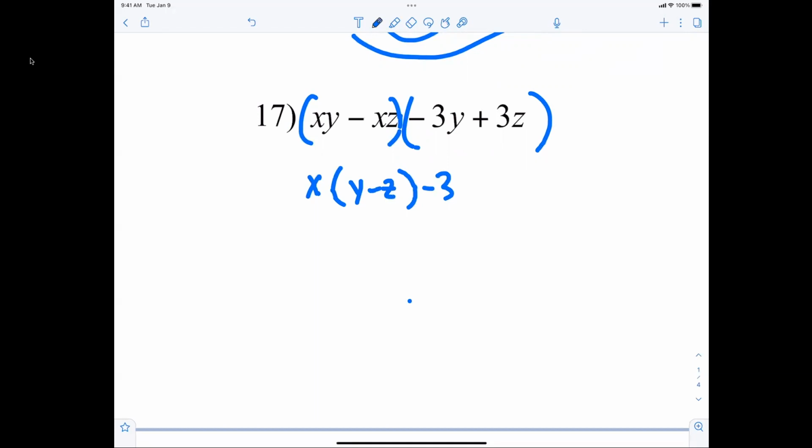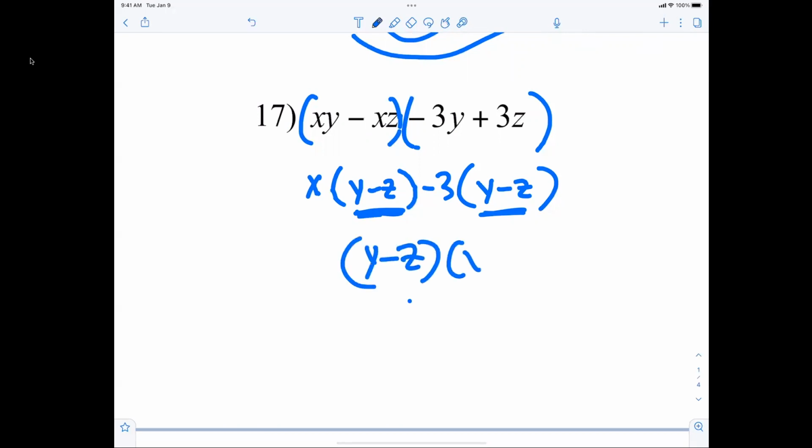Change the signs when you factor a negative. Or you can just look right over here and see the answer would be what? Y minus Z. Those two things have to be the same. So now what? Y minus Z and X minus 3.